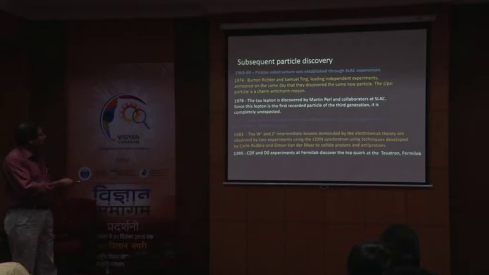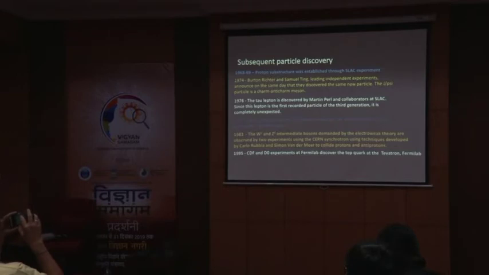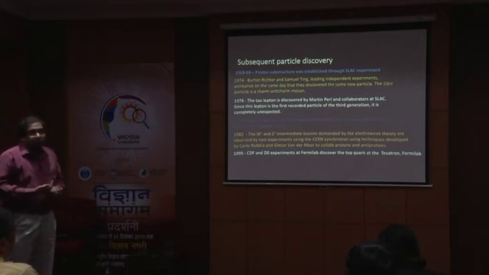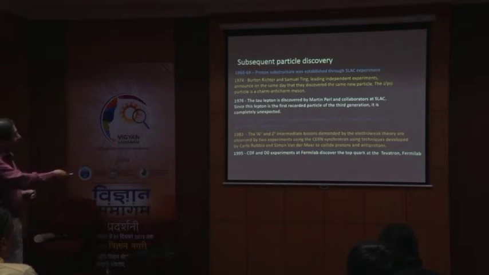So remember, till 64, Gell-Mann's theory, we had U, D, S, muon, electron and two of the neutrinos. Then the whole bunch of the third generation that I'm going to talk about next was discovered afterwards.